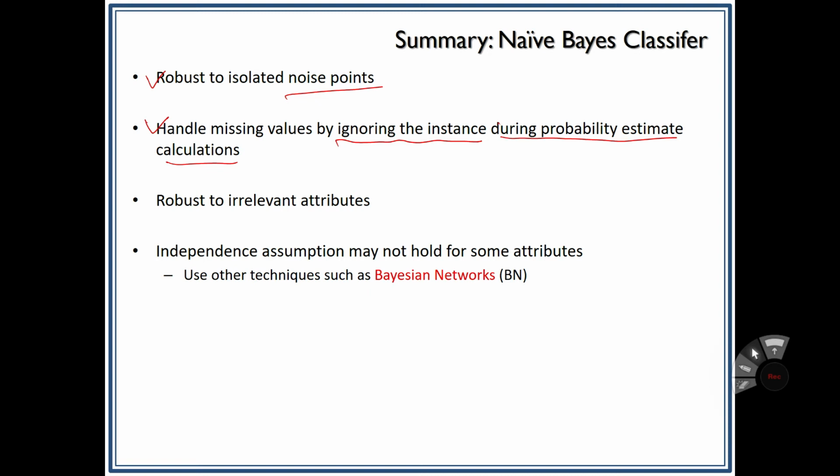And the third one is that this method is robust to irrelevant attributes, because the posterior probability is computed by multiplication of the conditional probabilities of x given y, and we multiply p of y.